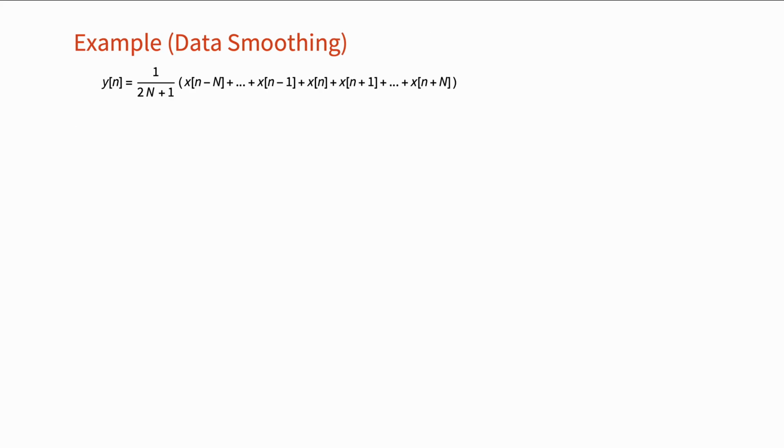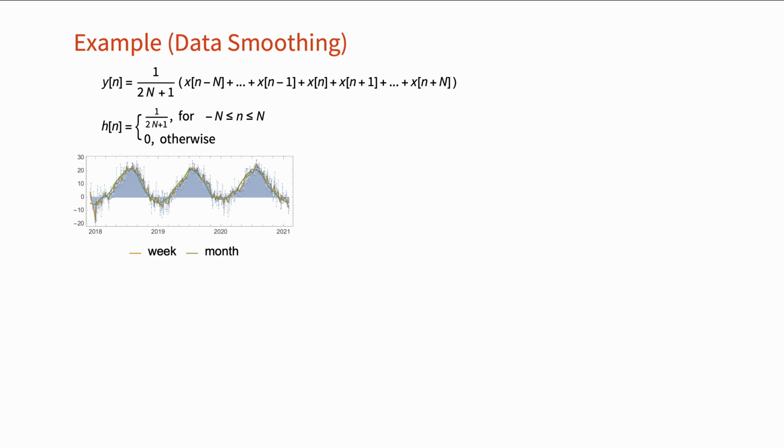As another example, let's look at the moving average filter, a popular method of smoothing noisy data. The unit sample response of the averaging system is given as shown here. The smoothing effect is obtained by locally averaging the input data. For this example, let's look at the daily, weekly, and monthly temperatures in the city of Portland.